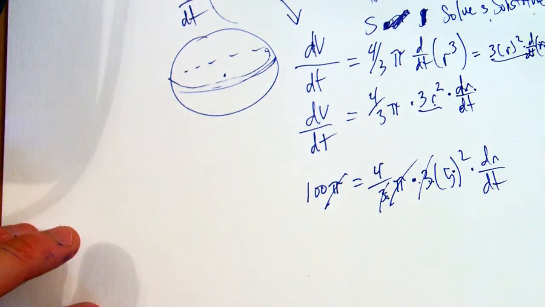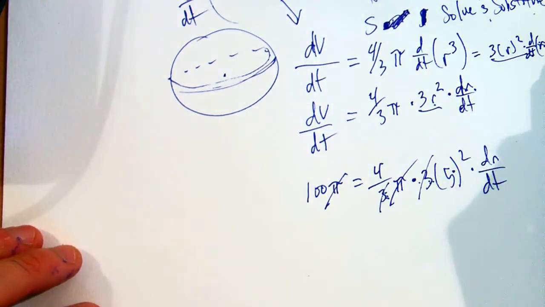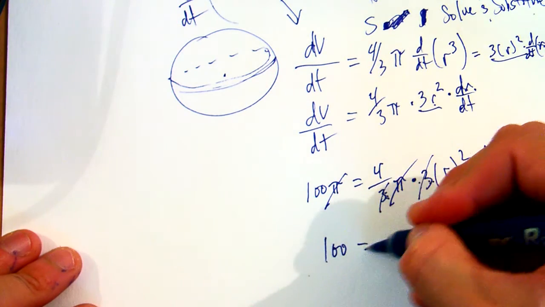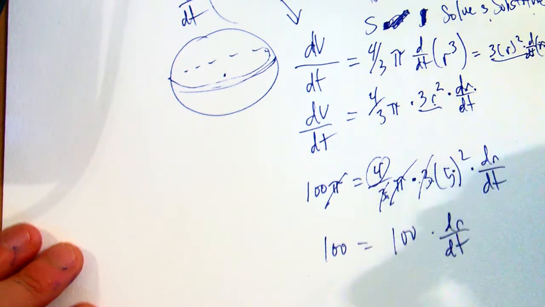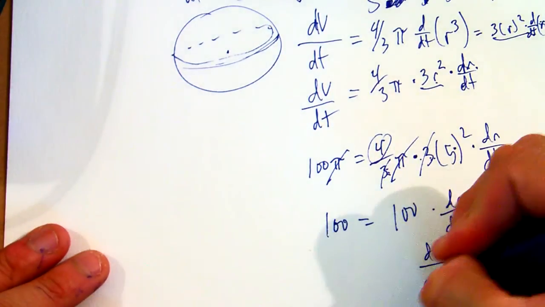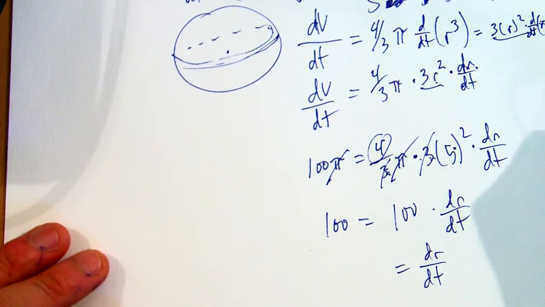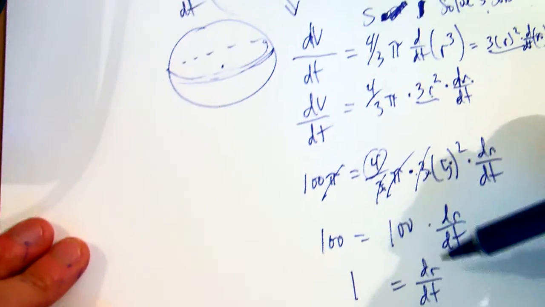Is this 100? Yeah, 4 times 4 quarters is 100, right? So what is dr/dt? It's 1.